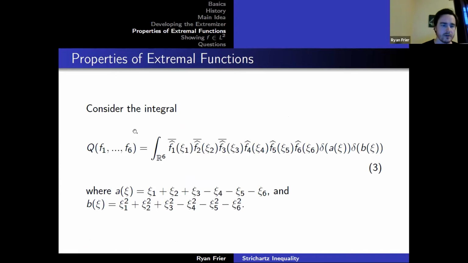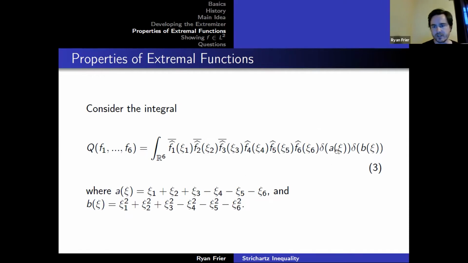We're going to consider this Q, and it seems out of place now, but you'll see why it's important in a moment. It takes inputs f1 through f6. We take the Fourier transform of everything, and we've got our deltas here, where a_k c and b_k c are expressed this way.